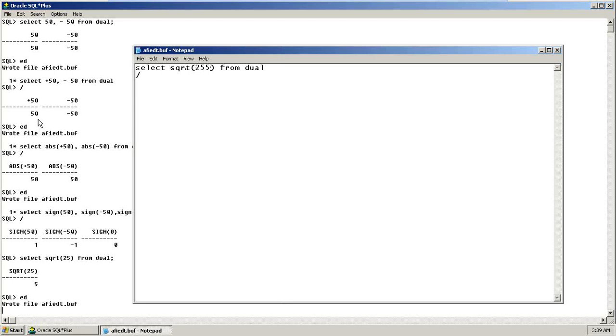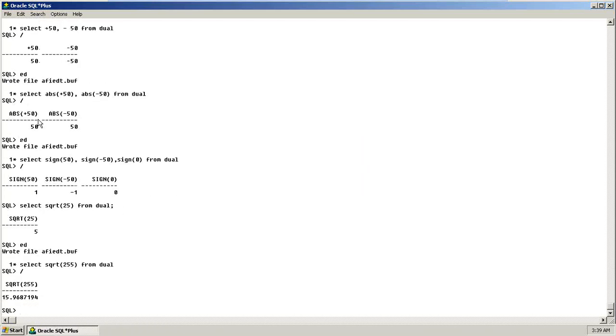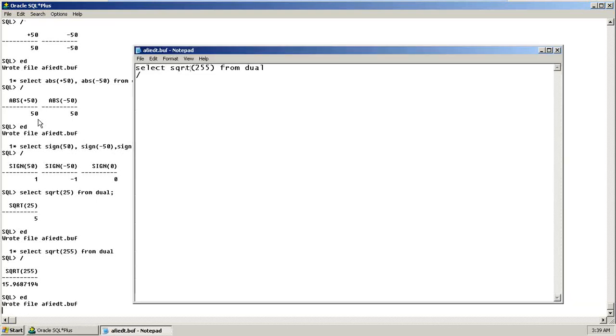Square root of 255 is 15.968, right? Like this, to get a square root, we can use the function SQRT. To get the power of a number, so-and-so number to the power of another number, something like that, you can use the function that is power.